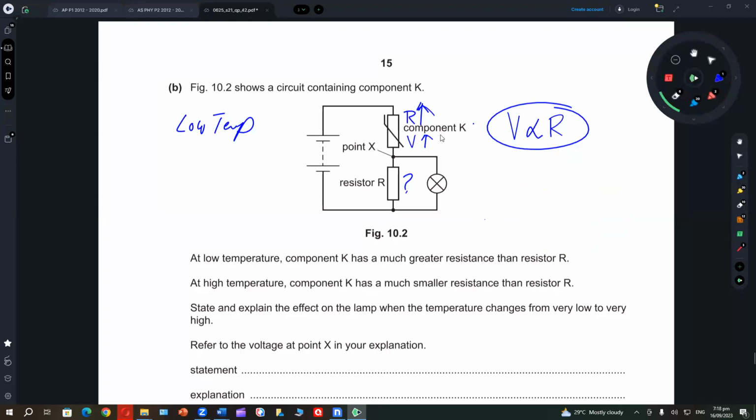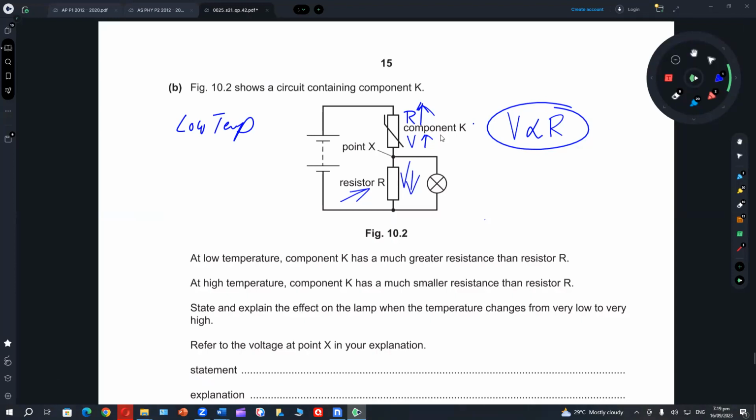Now, when the component K voltage increases, what will happen to the voltage on the resistor? Will it increase or decrease? Decrease. Very good. So voltage will decrease.